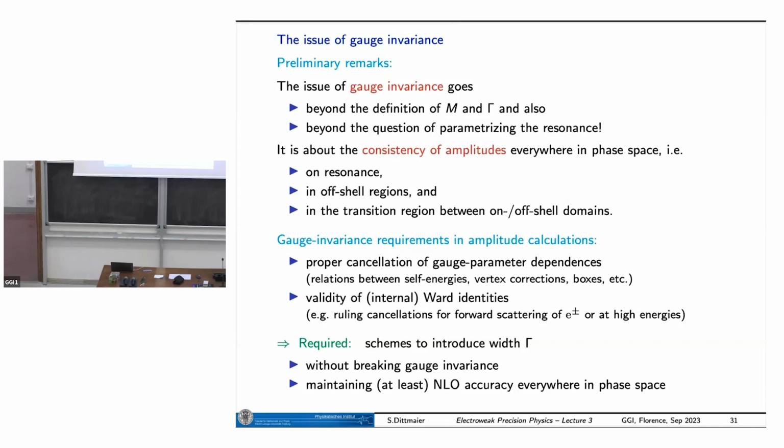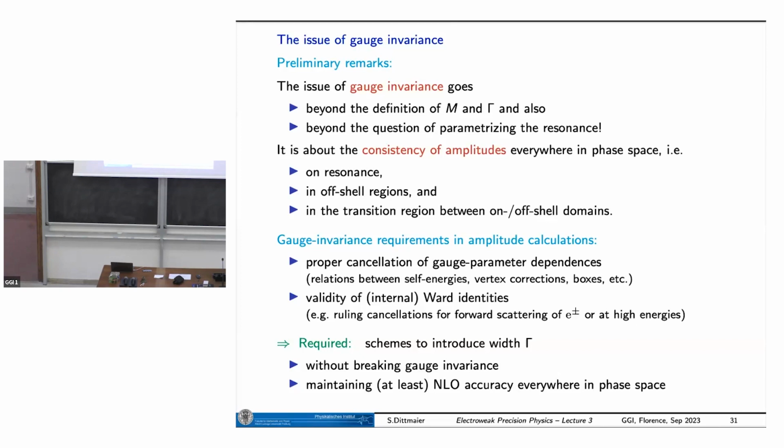And before I go to details, let's have some preliminary remarks about this. This issue of gauge invariance really goes beyond just the definition of mass and width that I have discussed earlier. It's really beyond the question of parameterizing the resonance, because a resonance process in phase space also has a region that is dominated by the resonance, and basically the whole phase space, which also has non-resonant regions in there.